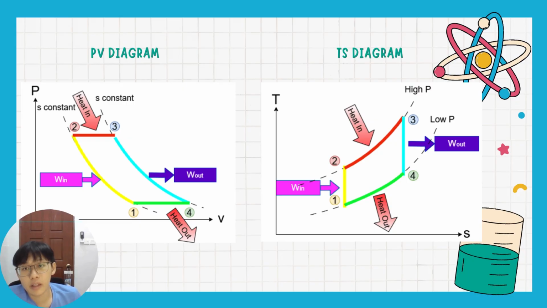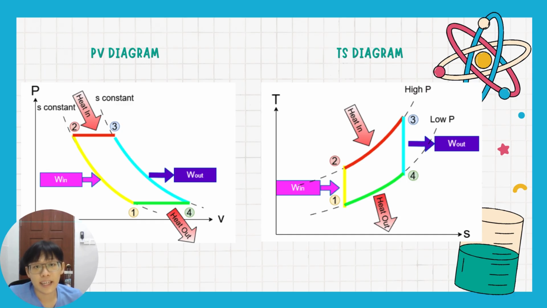For the PV diagram, 1 to 2 is the work in, and the pressure increases at constant entropy in this process. 2 to 3 is the Q in, and the temperature of the gas increases at constant pressure. 3 to 4 is the work produced by the cycle at constant entropy, so the pressure decreases from high to low. And the final step is 4 to 1, where the heat flows out of the cycle at constant pressure.